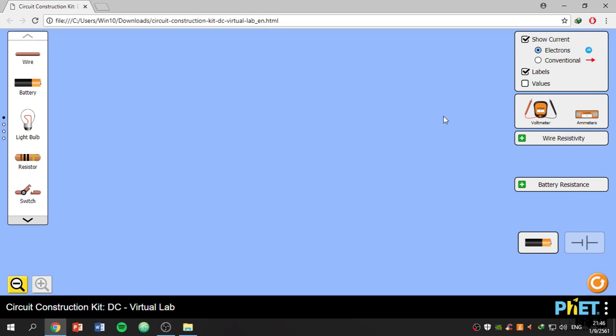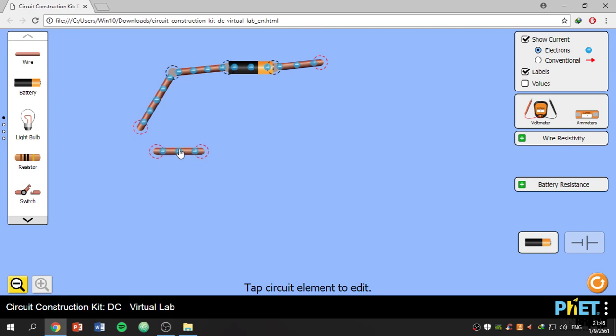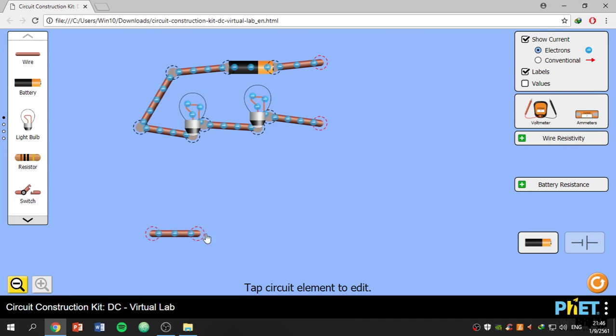I will show you the example of the series circuit. This is the example of the series circuit.